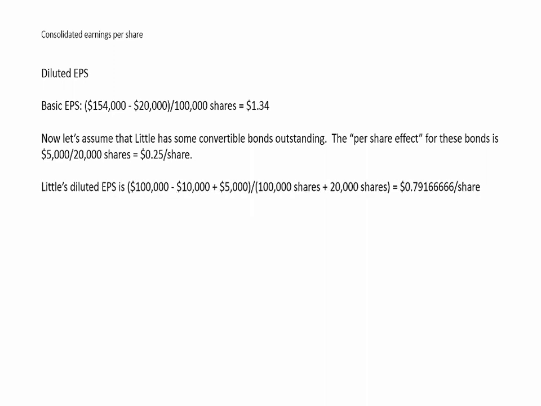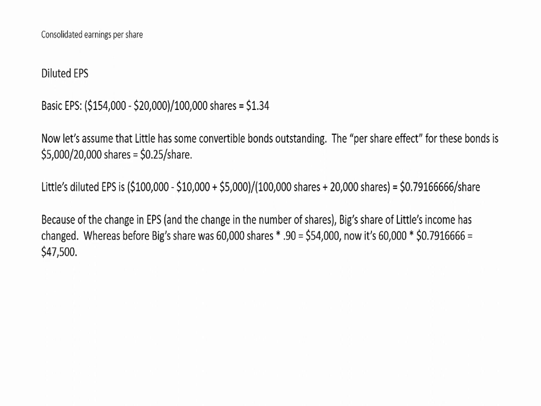Little's diluted earnings per share: we take their basic earnings per share, which was 100,000 minus 10,000 over 100,000, and we add the numerator and the denominator of the per share effect to that fraction. So basically the numerator now is $95,000 divided by 120,000 shares, or 0.79166666 per share.